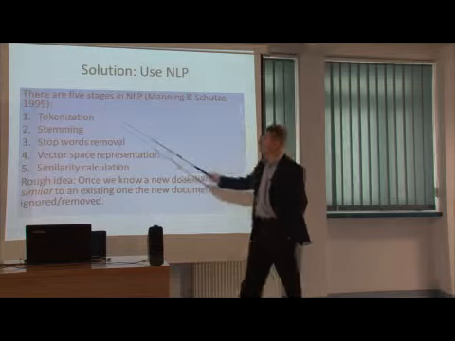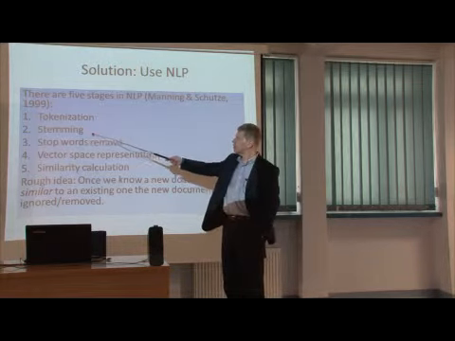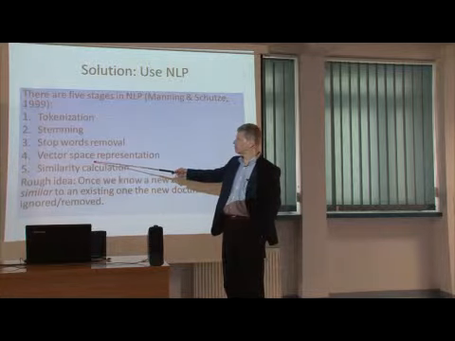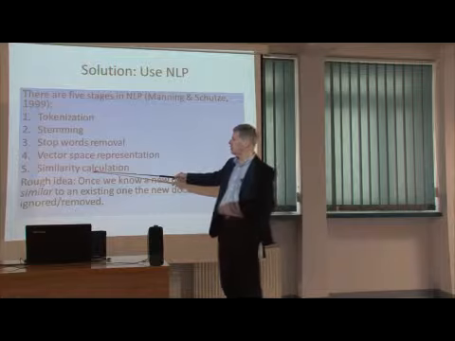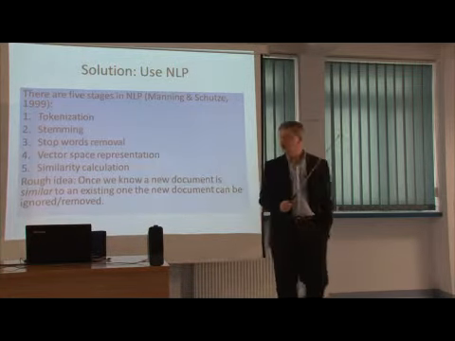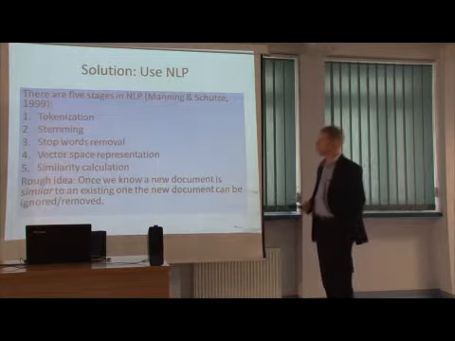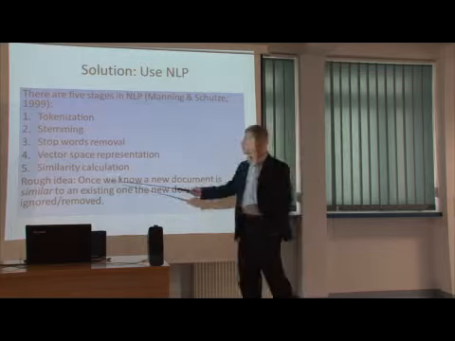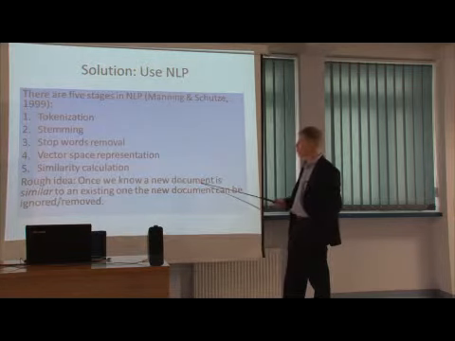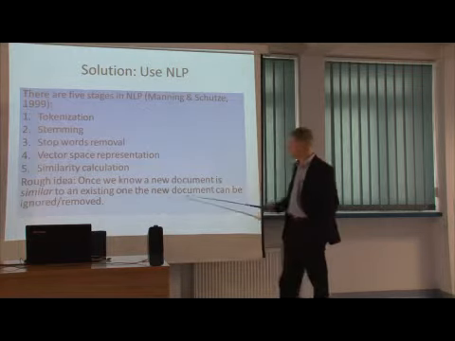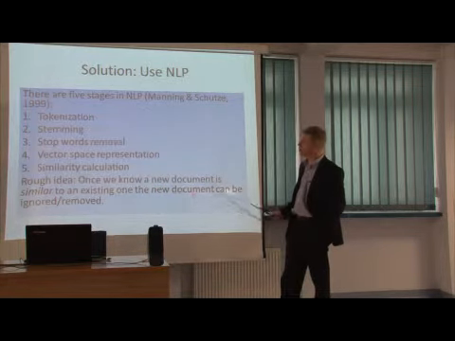That is, do tokenization, stemming, remove stop words, do vector space representation, so the stuff that we just heard about, and then do similarity calculation, which would be finding the cosine coefficient between two reports. So the idea is that once we know that a new document is similar to an existing one, the new document can be either ignored or removed.